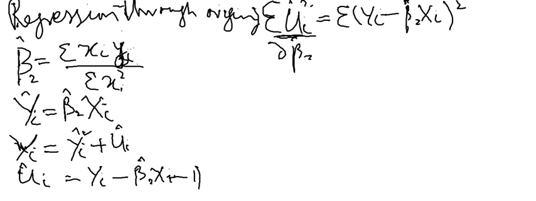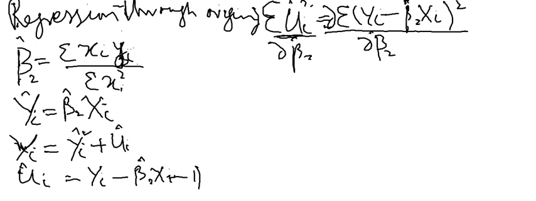Partial summation ui hat square over partial beta 2 hat is equals to, just apply the partial here. I call it the dava, you can also call it the curly, I call it the dava.